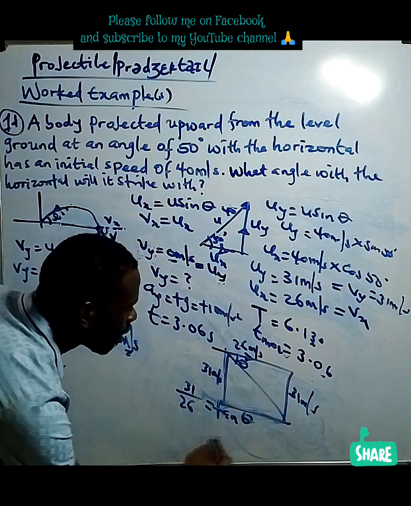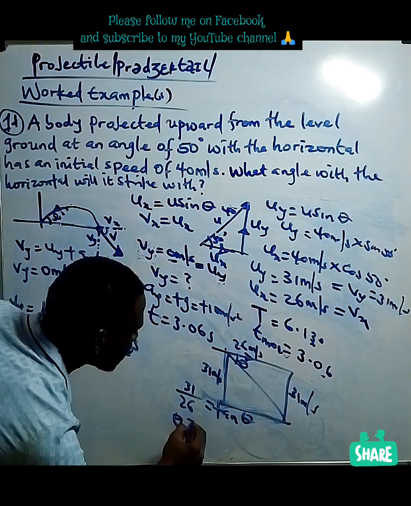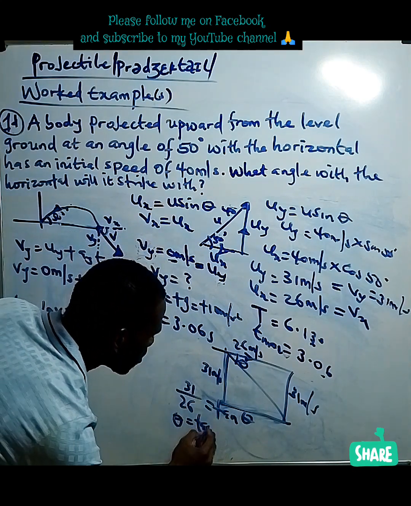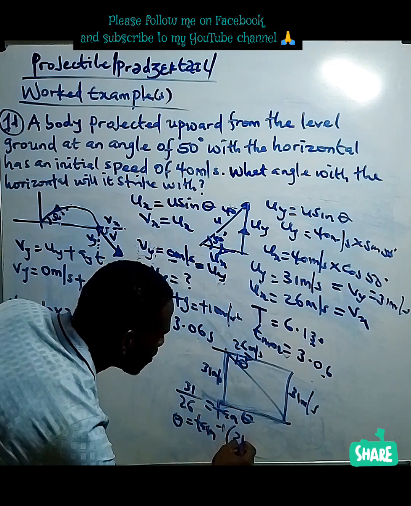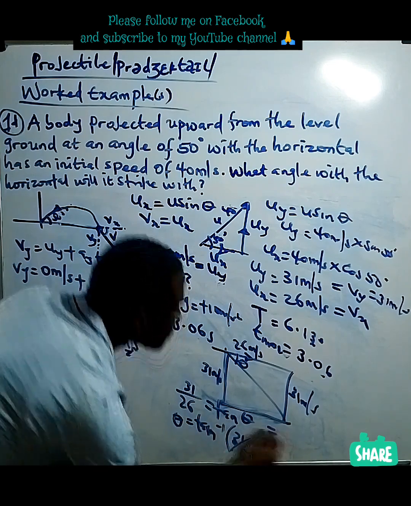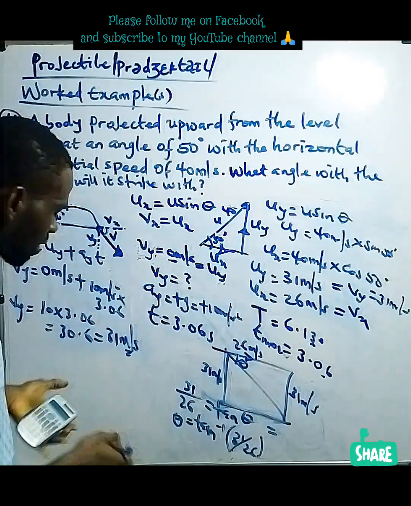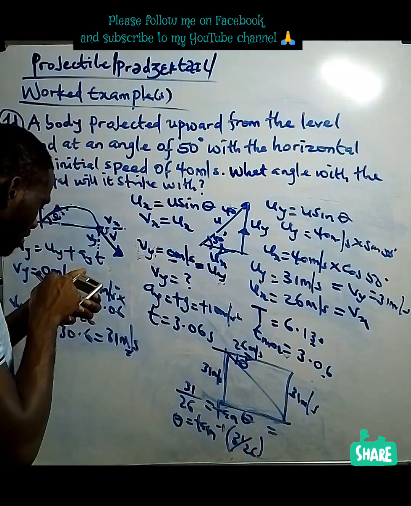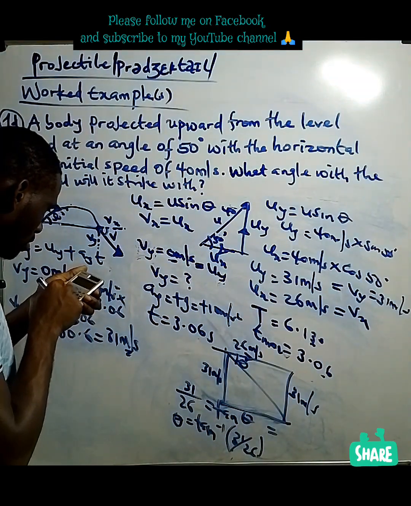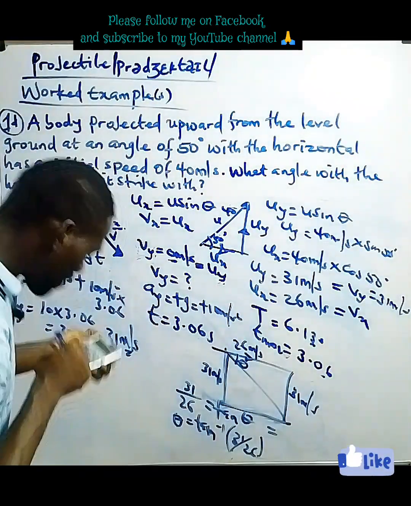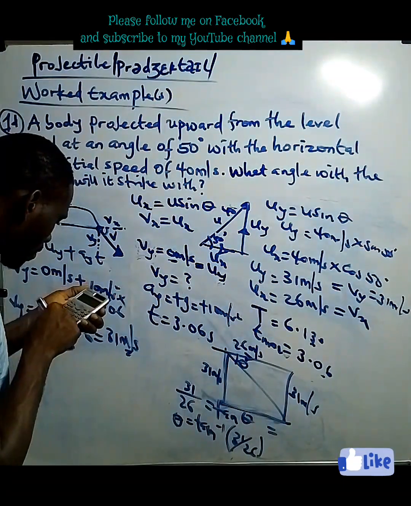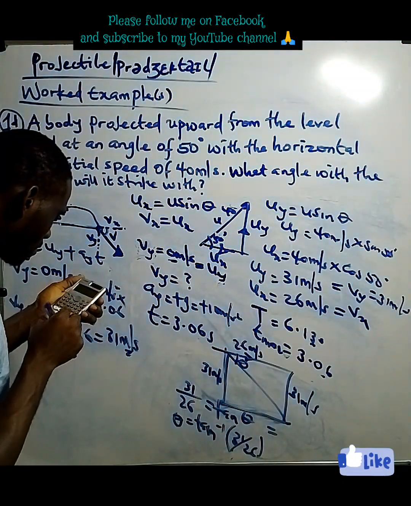So how do we get our theta? Our theta is tan inverse of 31 divided by 26. I'm going to use the calculator to do that. Our theta is the tan inverse of 31 over 26.